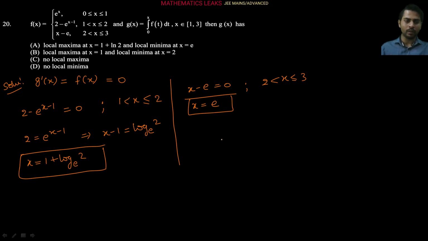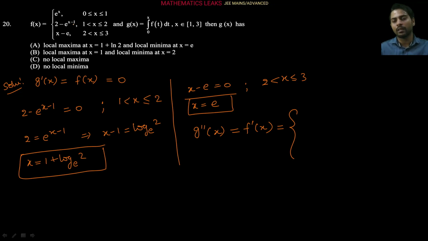Now for finding out on which critical point the function g of x has local maxima or local minima, let's find out g double dash x, right? G double dash x means what here? G dash x is f of x, so g double dash x is f dash of x. This equation we differentiate again with respect to x. So you observe this one. In a similar manner, in between 0 to 1 we differentiate here.